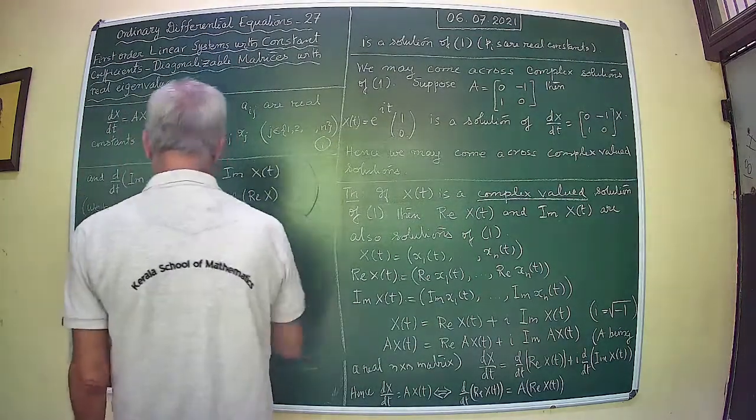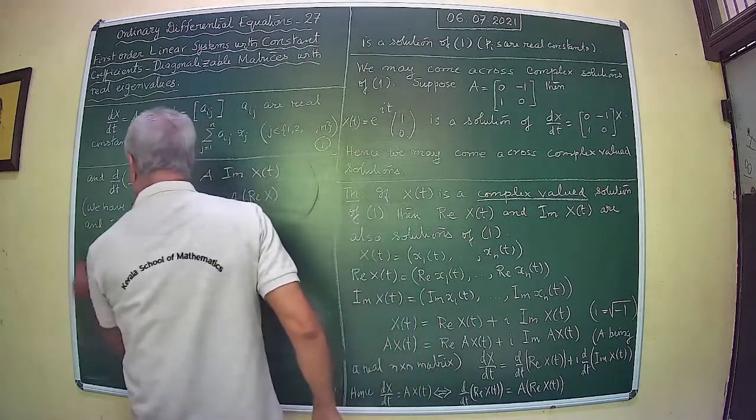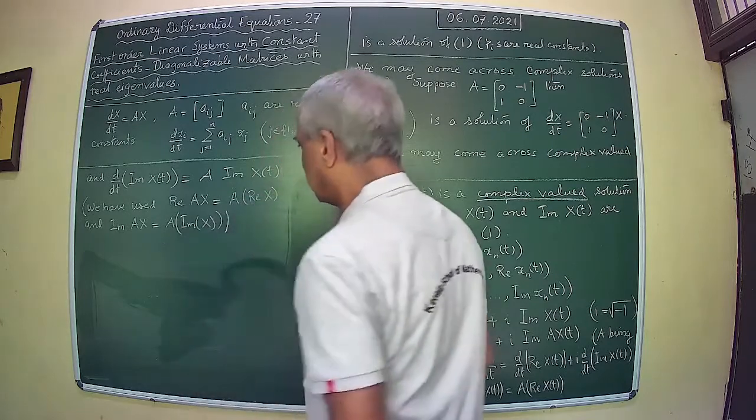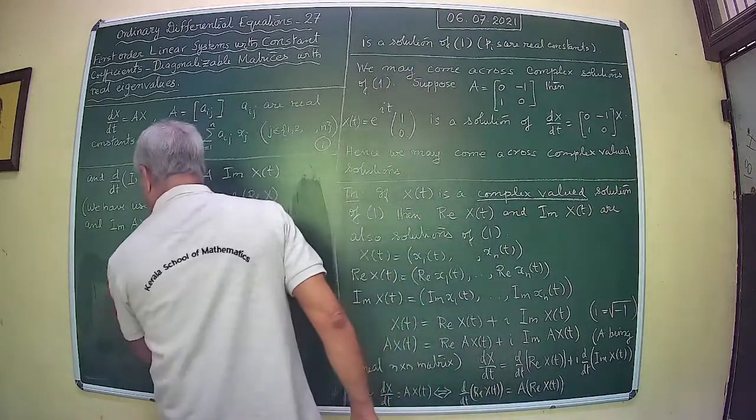This we have used, and that is possible because A is a real n by n matrix. So this is true. Therefore, what we have?